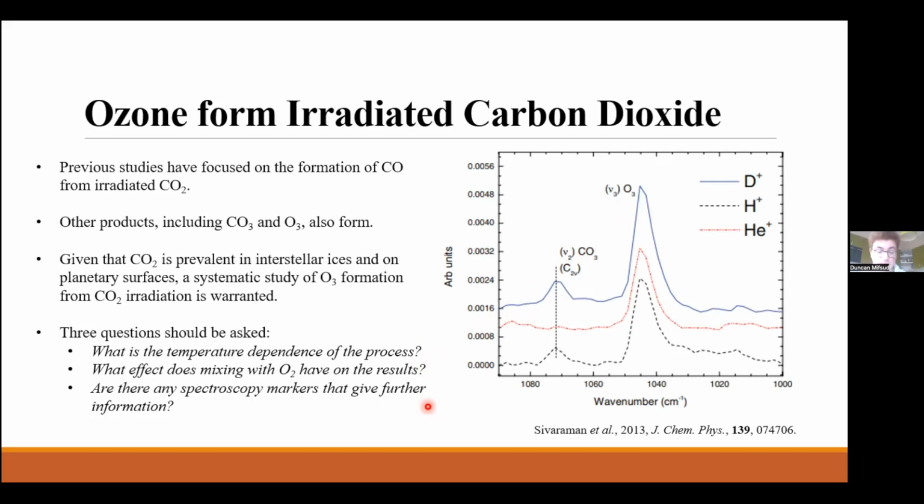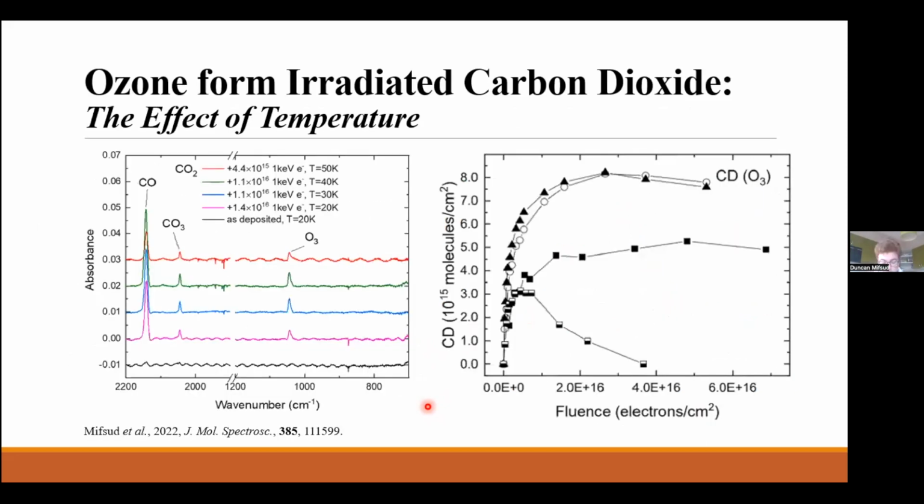So answering the first question, looking into the effect of temperature, you can see on the left-hand side here a series of infrared spectra of the irradiation of pure CO2 ice at different temperatures. And you can see that ozone forms in every single case.